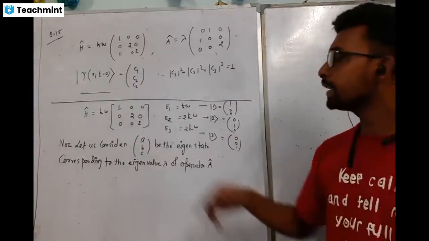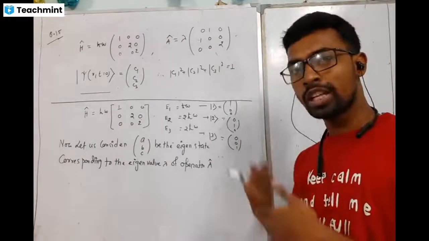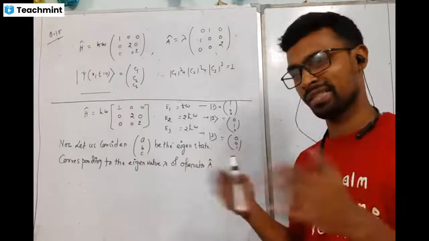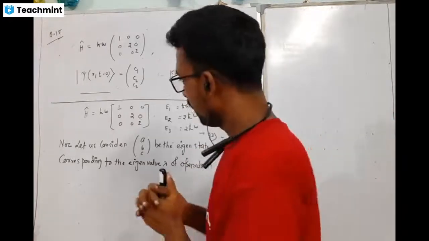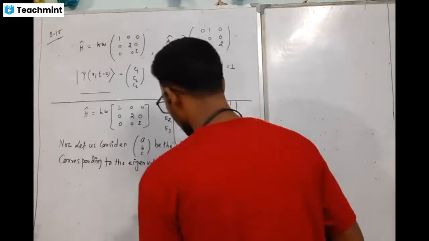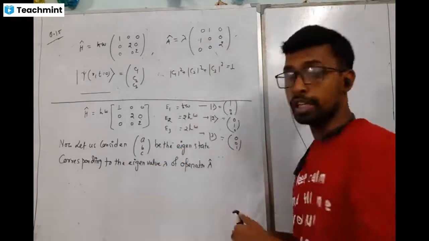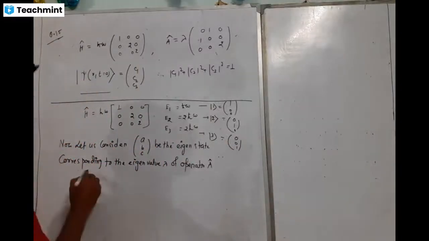So let us consider this is the eigenstate A, B, C, or you can choose x1, x2, x3. This is your own way of representing it. So let us consider A, B, C is the eigenstate of the corresponding eigenvalue lambda of the operator A cap, so it is equal to lambda.